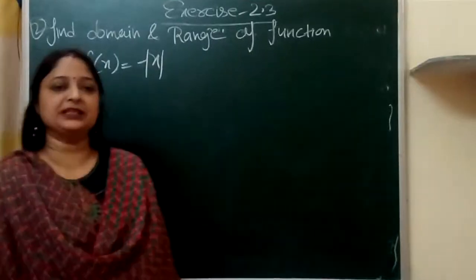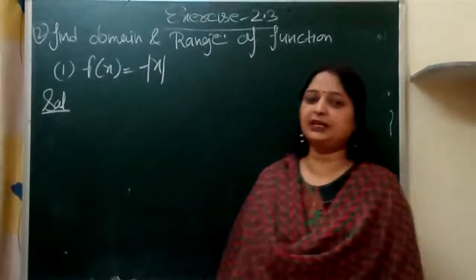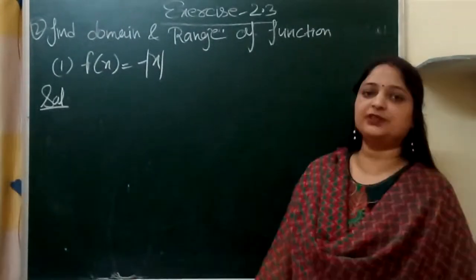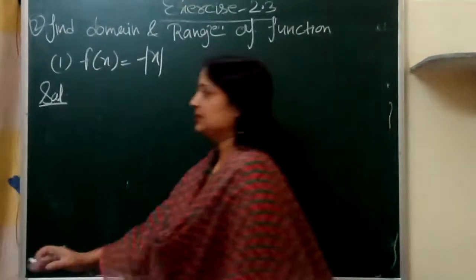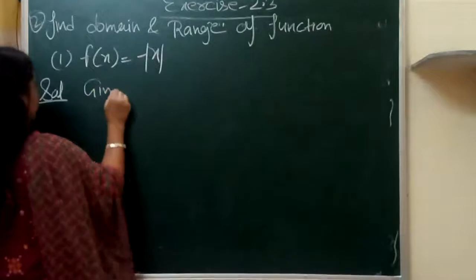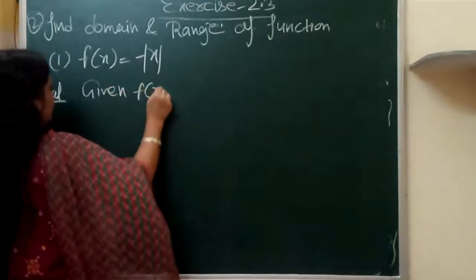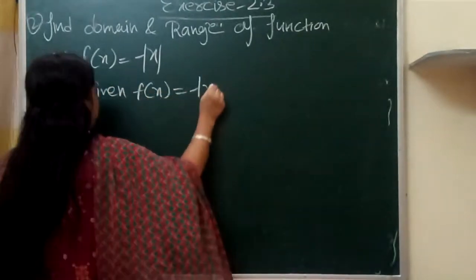In question number 10, you have to find out the domain and range. And the question is given, the first part, f of x equal to minus mod x. So, given f of x is equal to minus of mod x.